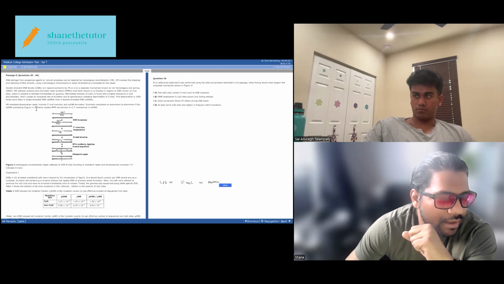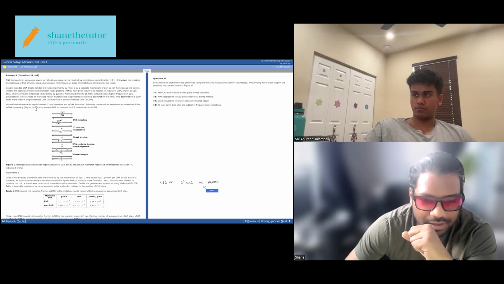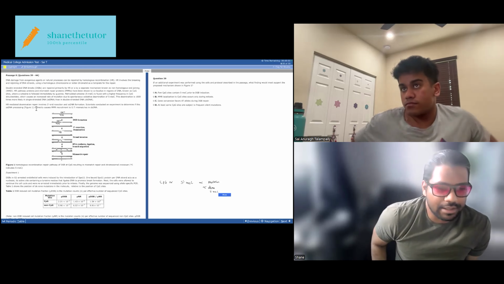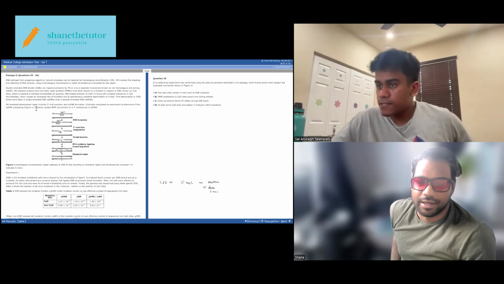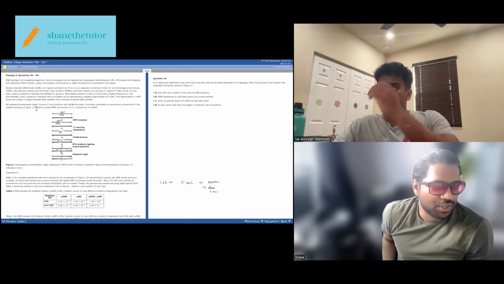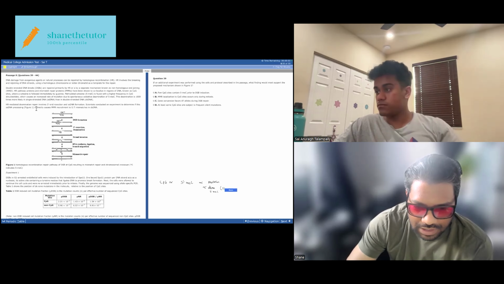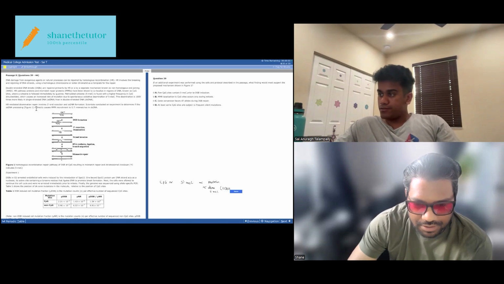Spontaneous deamination of the 5-methyl cytosine is more likely in single-stranded DNA. Okay.